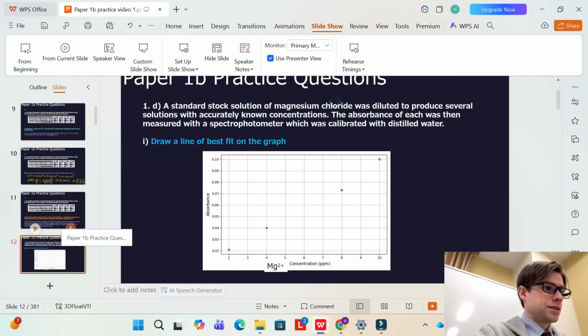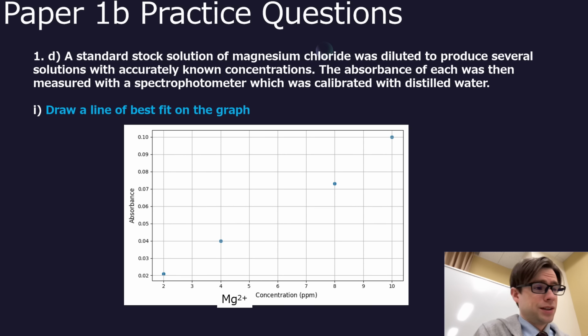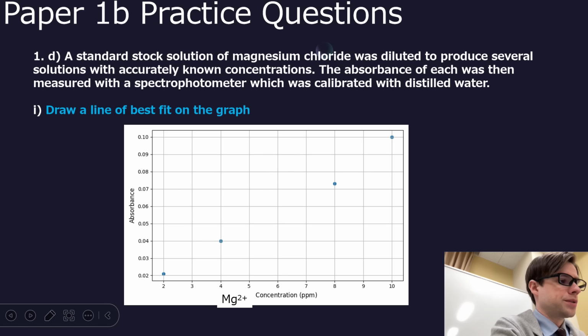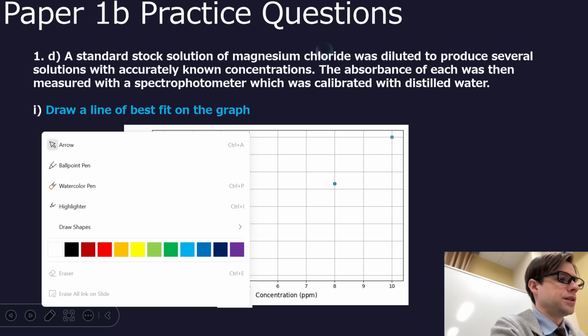Next, D here, a standard stock solution of magnesium chloride was diluted to produce several solutions with accurately known concentrations. The absorbance of each was then measured with a spectrophotometer, which was calibrated with distilled water. Draw the line of best fit on the graph. I guess I'll give it a shot, but you can see that this is quite clearly a linear relationship, as it should be, because absorbance with concentration is almost always linear.